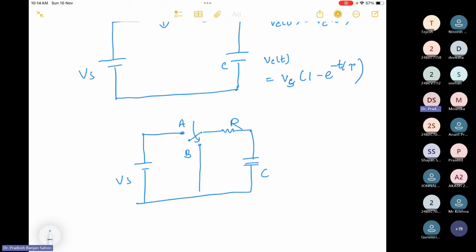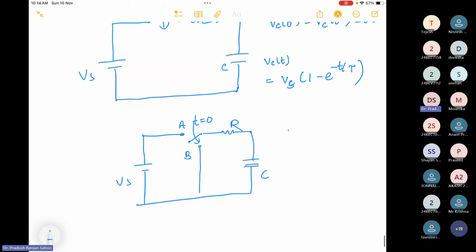I told that at t equal to 0, the switch is moved from position A to B, and I got Vc(0 minus) equal to Vc(0 plus) equal to Vs. That means the capacitor is charged up to the voltage Vs, and I got the capacitor voltage as Vc equal to Vs times e to the power minus t by tau, where tau equal to RC, that is called the time constant. Up to this we know.